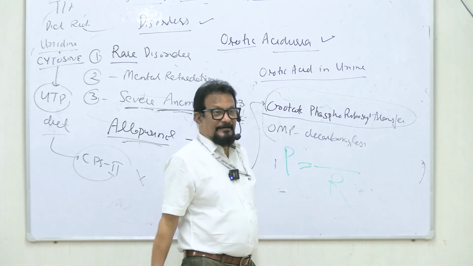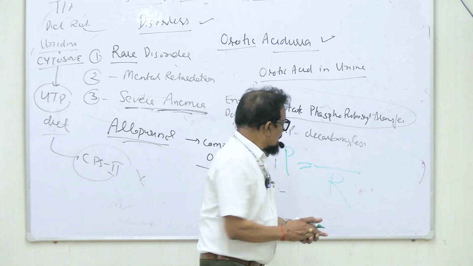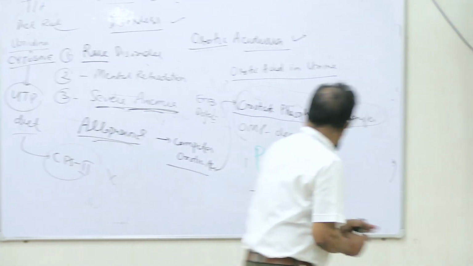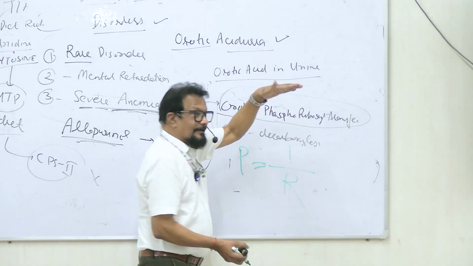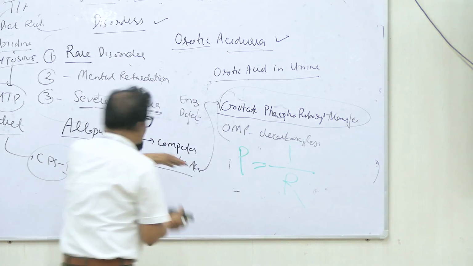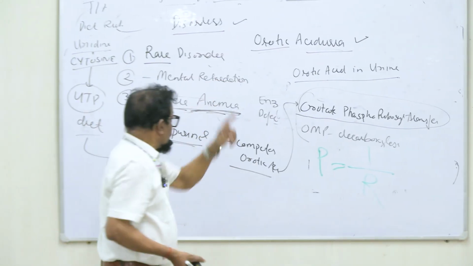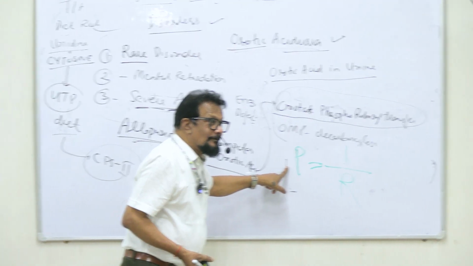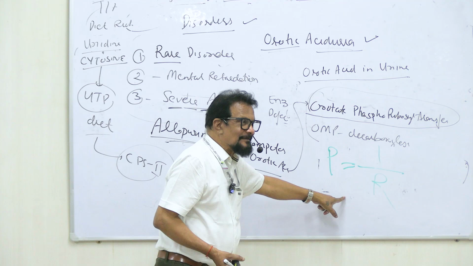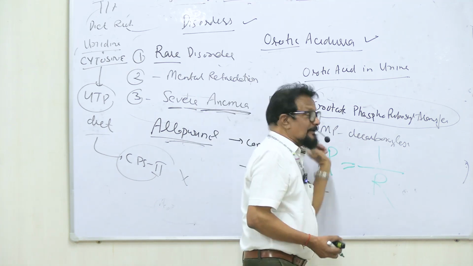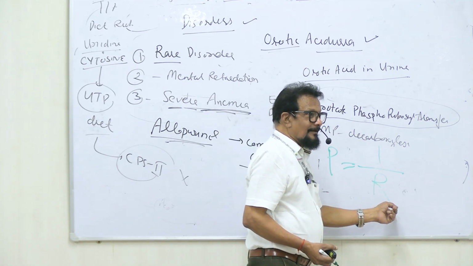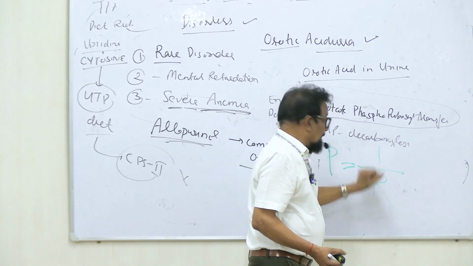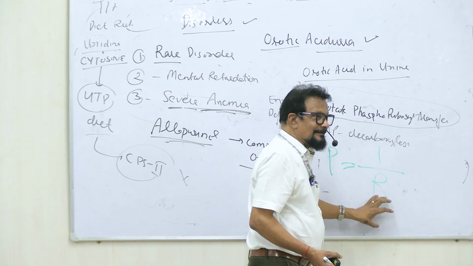If tension remains constant, then what is the relationship? 1 by r. If you increase the diameter of the urinary bladder, will pressure be changed? No. Pressure will not be changed, because you are dividing this with this.